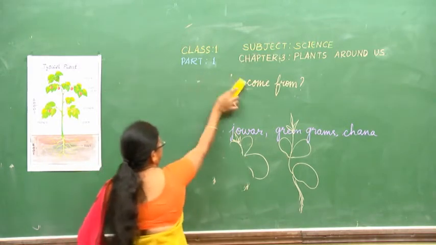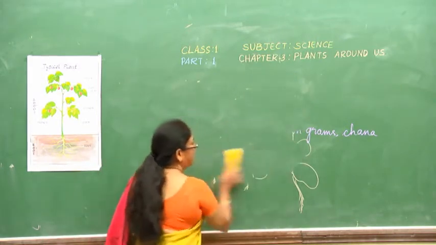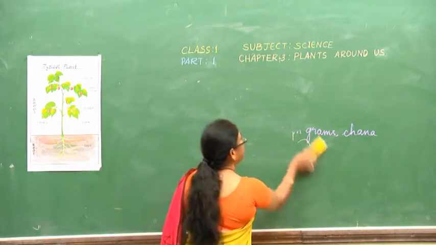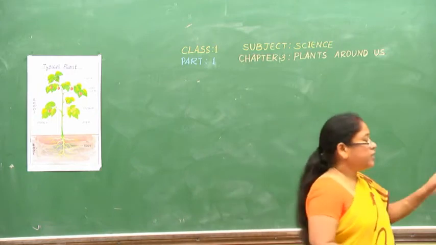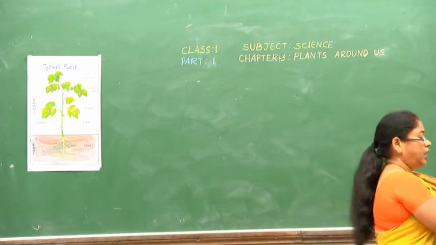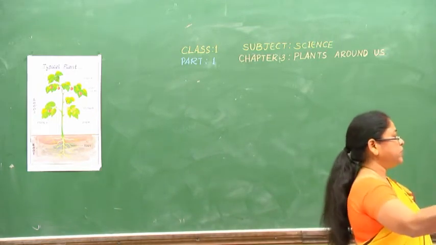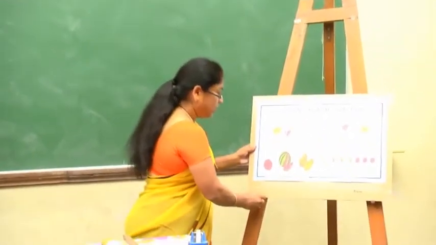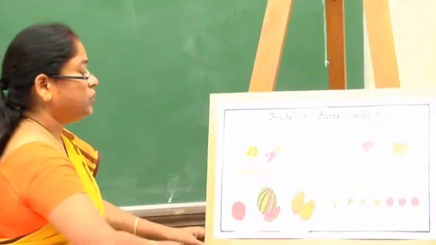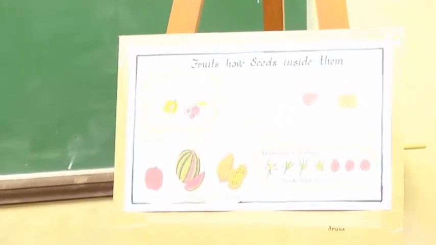Now we shall see, when a plant grows bigger, it will bear buds, and these buds will open up into flowers, and these flowers will turn into fruits, and fruits have seeds inside.